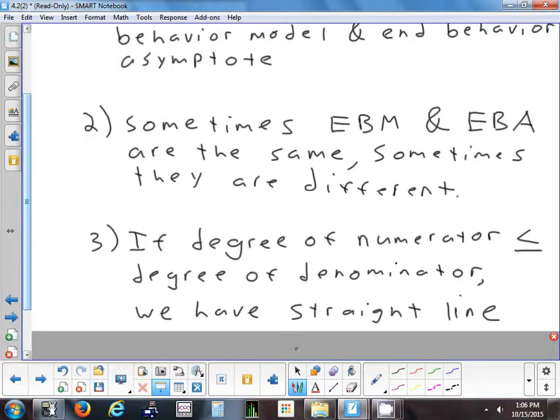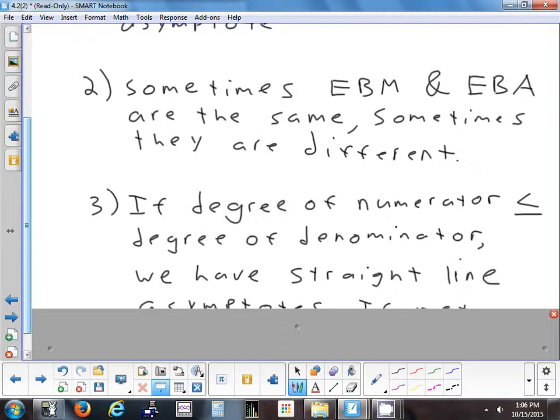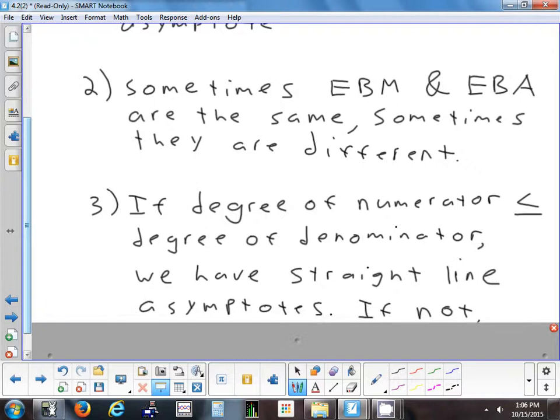If we have the kind of problems like we did yesterday, where the degree of the numerator was smaller or equal to the denominator, we had straight line asymptotes, whether they were vertical or horizontal. Sometimes they were horizontal at 0. That usually happens when you had a fraction and there was a variable left in the bottom.